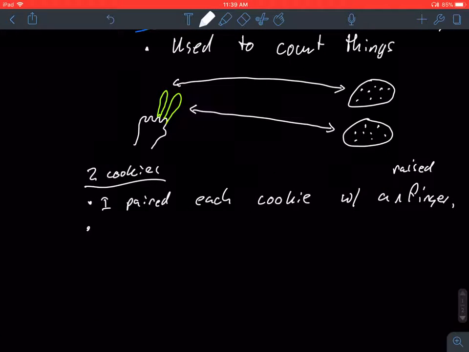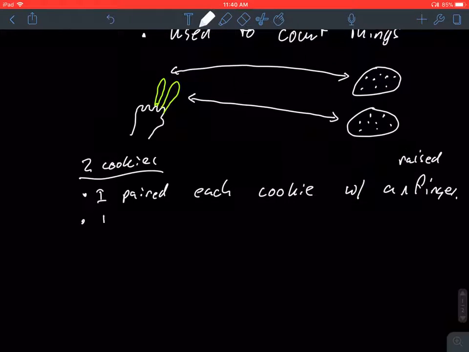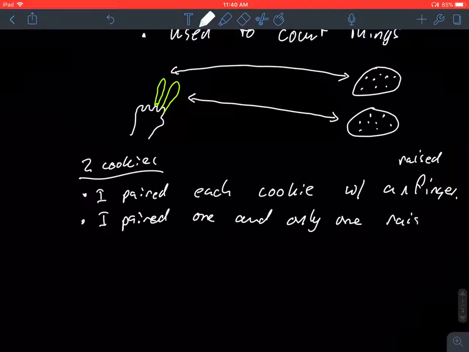So let me just erase this here. Okay, much better. So the first thing I did was I paired each cookie with a raised finger. And the second thing is I paired one and only one raised finger with a cookie.